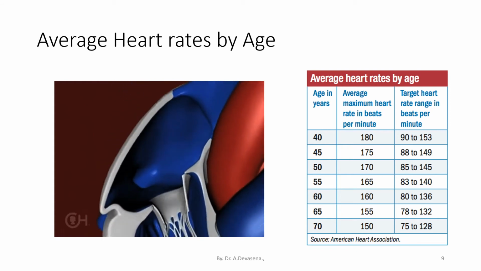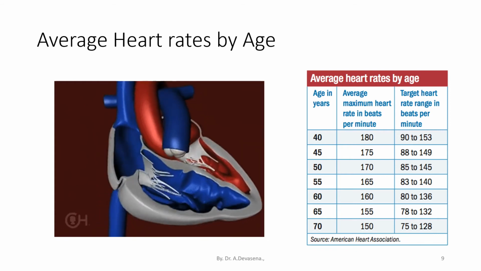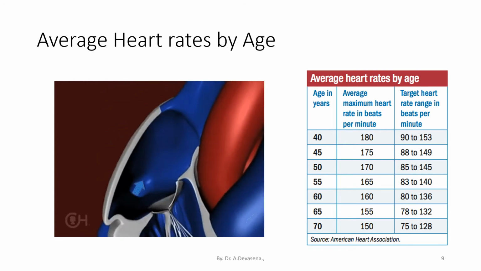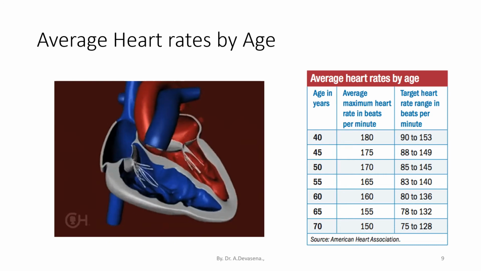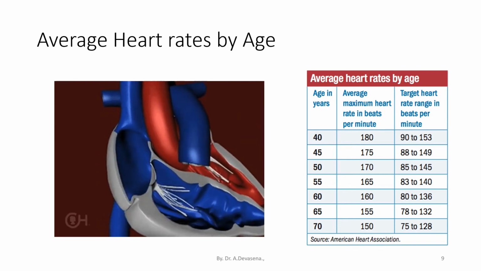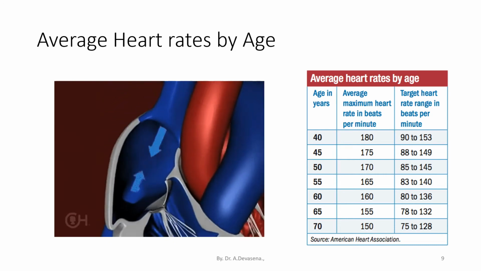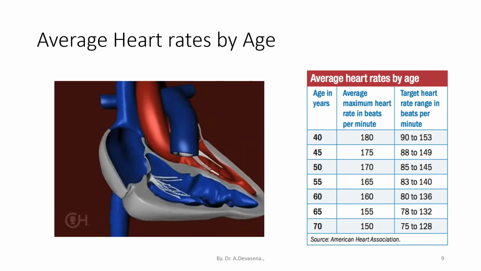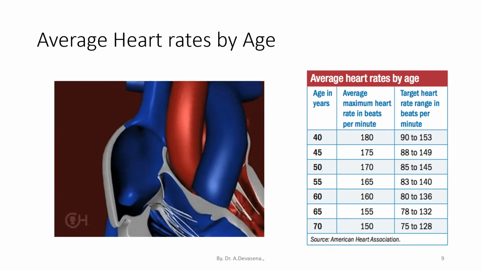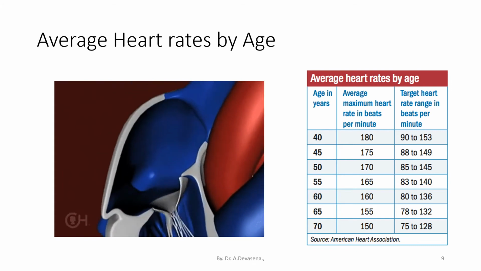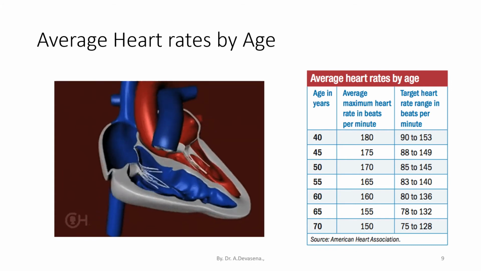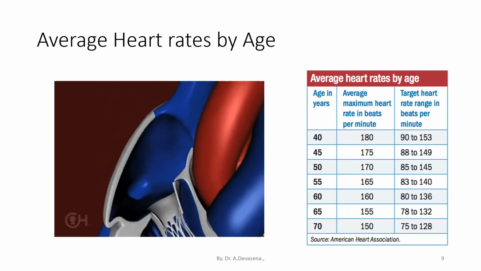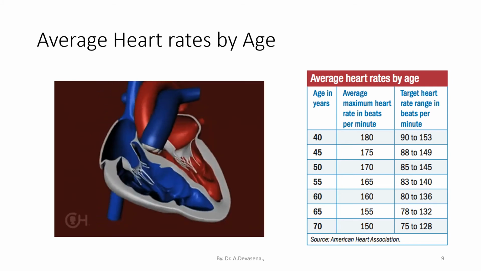At the age of 50, the maximum heart rate is 170. The target heart rate range is 85 to 145. At the age of 55, the maximum heart rate in beats is 165. The target range is 83 to 140. At the age of 60, the maximum heart rate is 160.